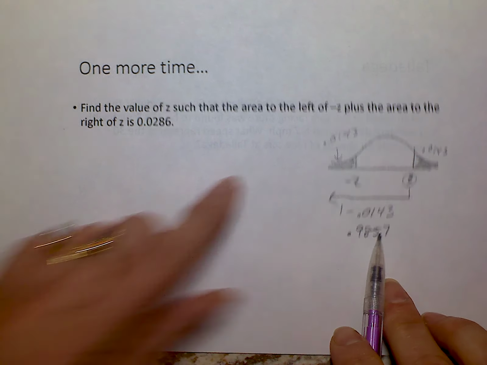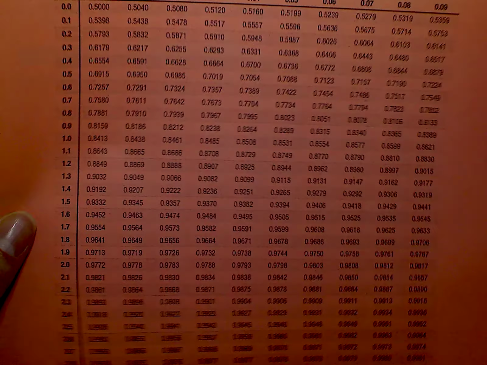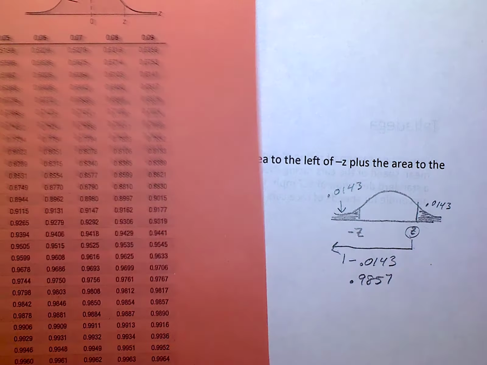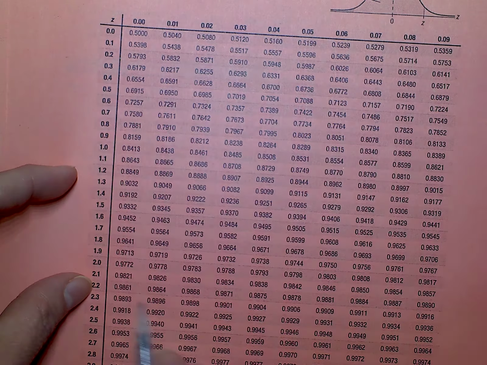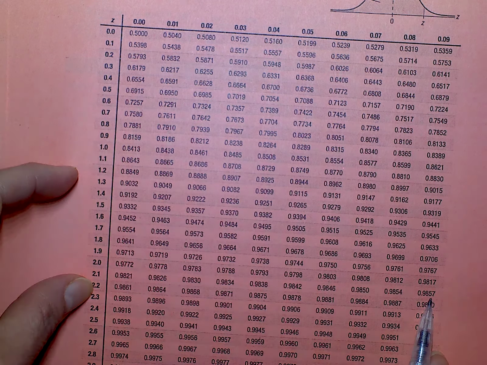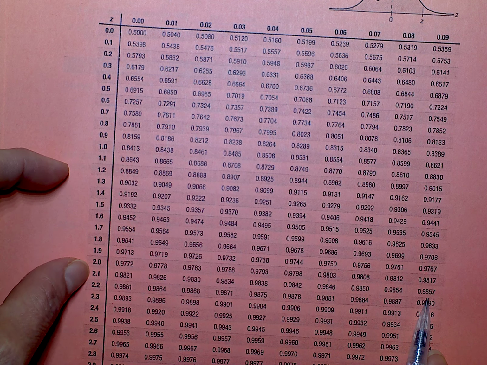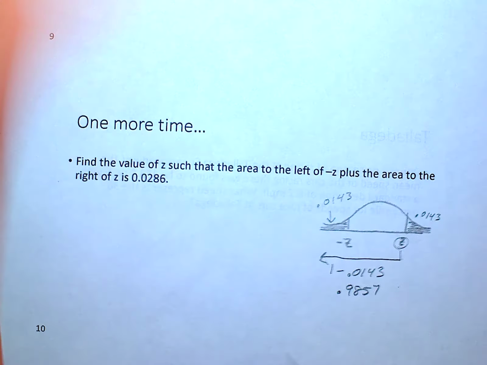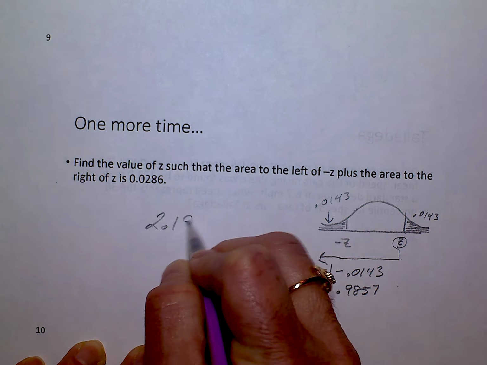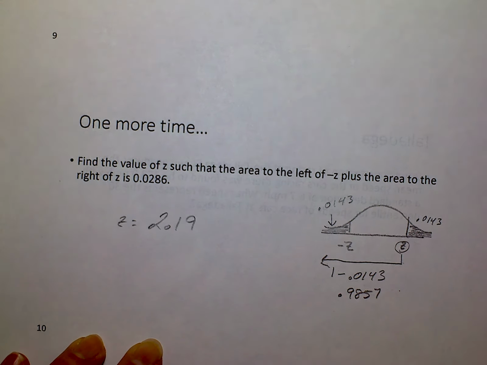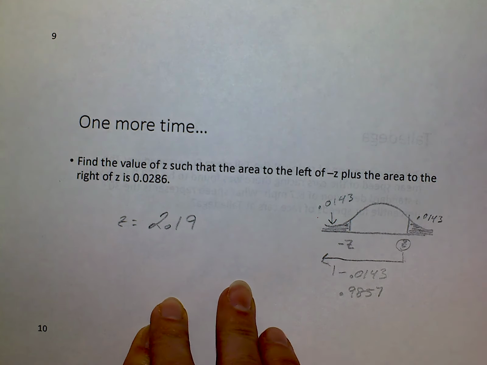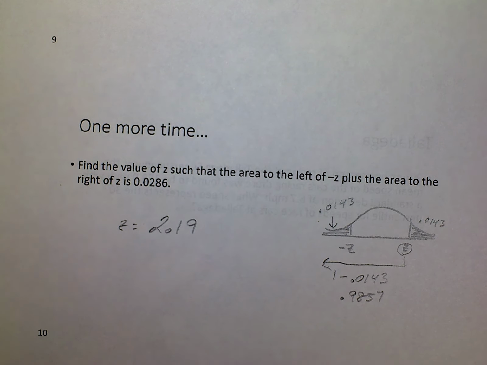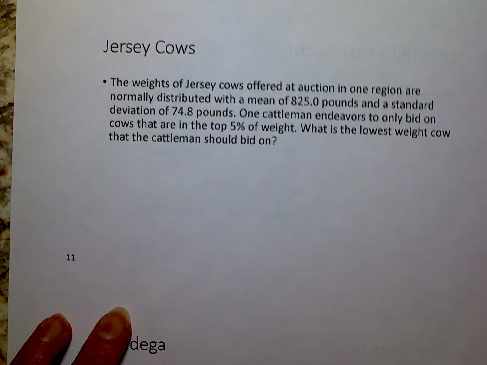This is what we're looking for on here. So 0.9857. Oh, there's one exact. How exciting. That is at 2.19. And that's the z. Okay? So we can find the z's from the areas, and we can find the areas from the z's. Why? Because probabilities and values, they all work together.